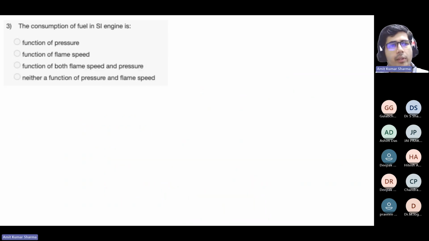The consumption of fuel in an SI engine is a function of pressure, a function of flame speed, a function of both flame speed and pressure, or neither a function of pressure nor flame speed.